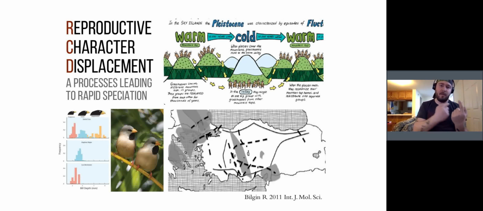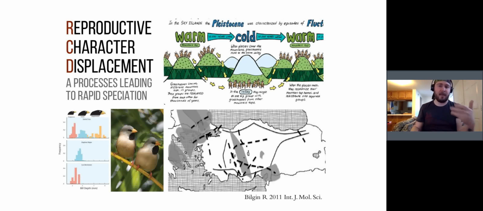And the second prediction is that divergence has to have a strong selective component. It should not be neutral, and divergence should have a very strong adaptive signature. So we should have high selection coefficients for these kinds of divergence in these kinds of traits. So those were the 2 predictions.